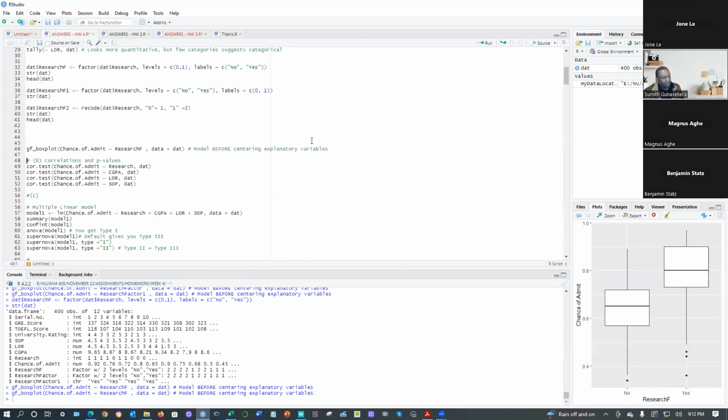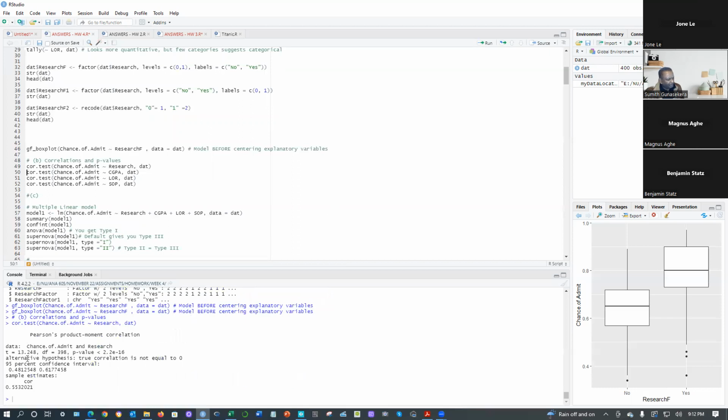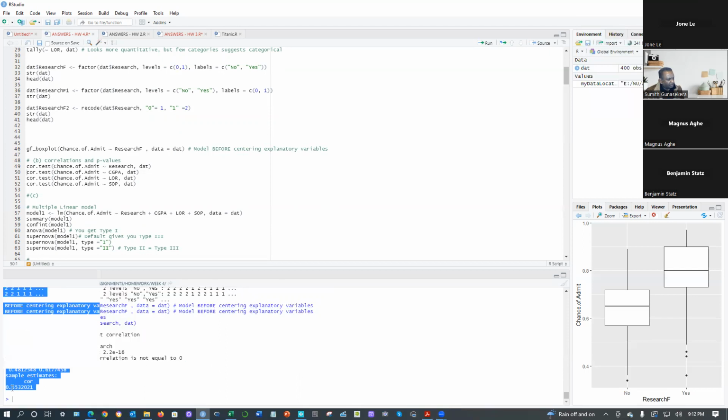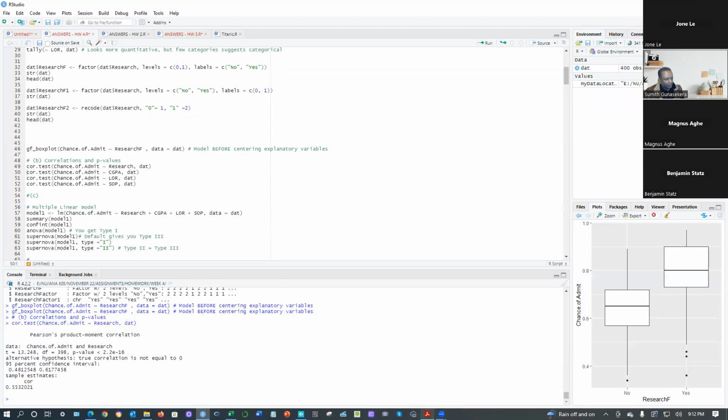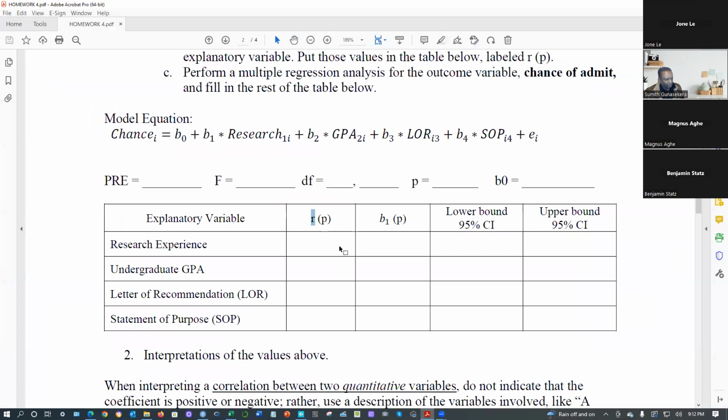Then correlation, see, cor.test chance of admit versus this one. We're talking about this p-value. You should include that p-value, which you can simply say 0. R is 0.5532, or you can copy the whole thing and paste over there. Or just simply within parentheses, you put p0, okay?